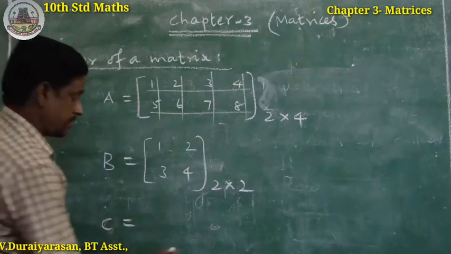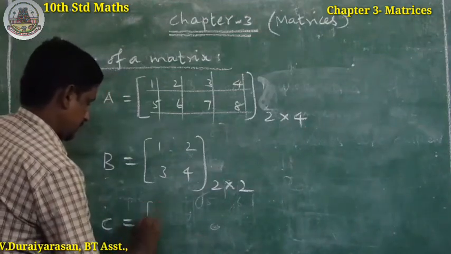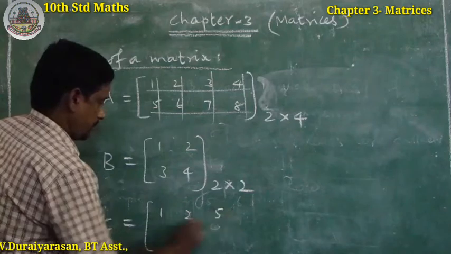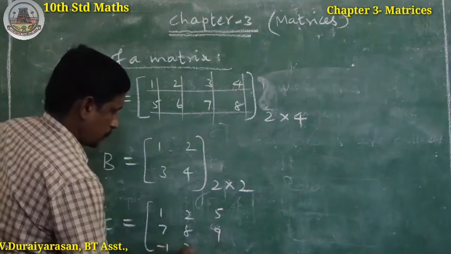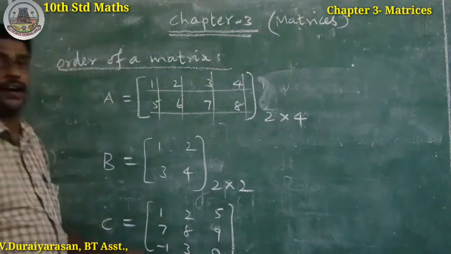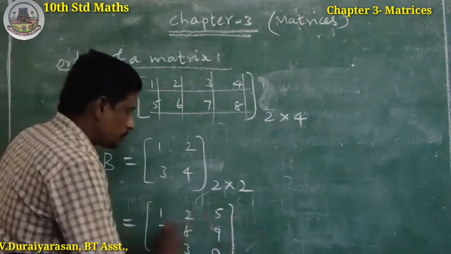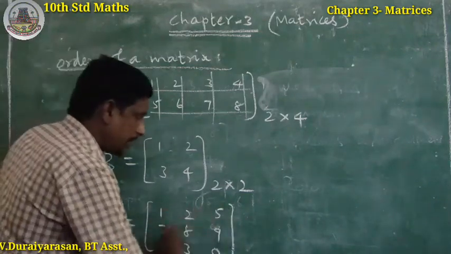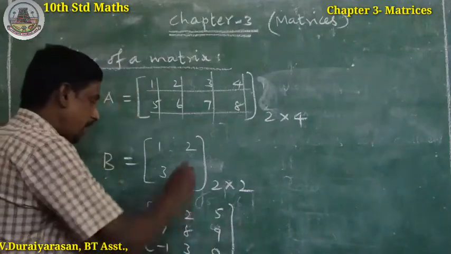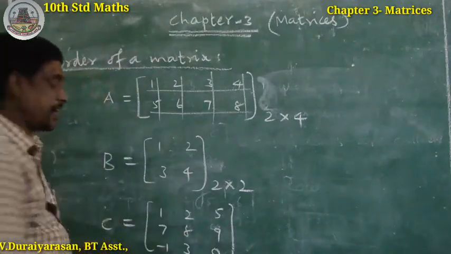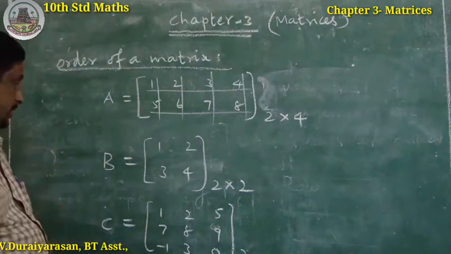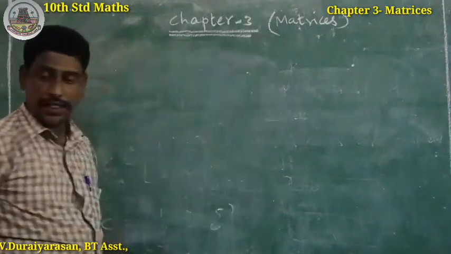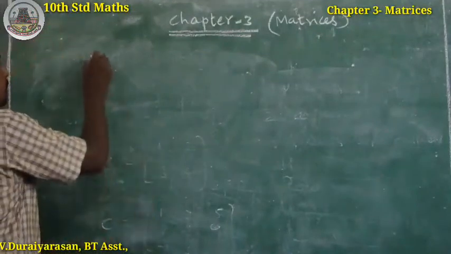Next example, the third one: 1, 2, 5, 7, 6, 7, 8, 9, minus 1, 3, 0. How many rows? 3 rows. How many columns? 3 columns. So the order is 3 by 3. Okay.